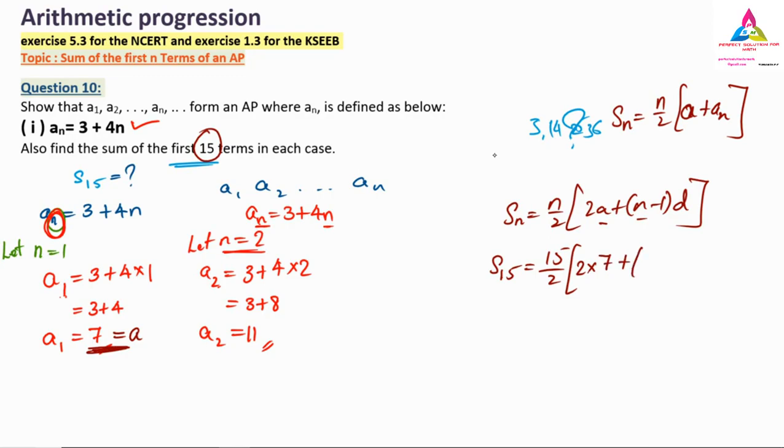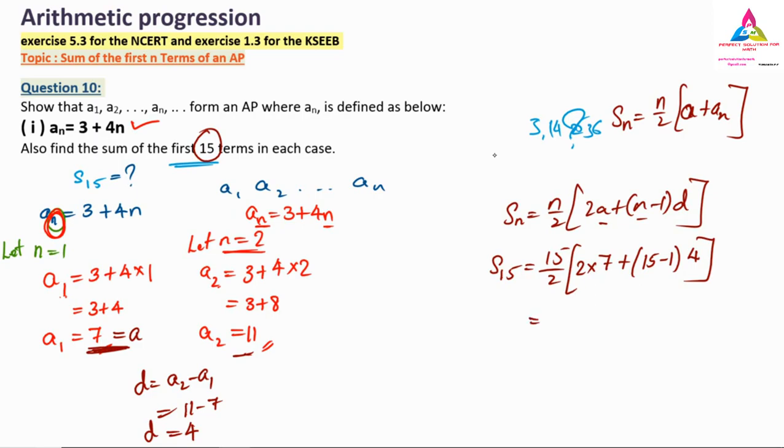Plus n minus 1, that is 15 minus 1, into the d value. What is the d value? D is a2 minus a1. So a2 is 11, 11 minus 7 is 4. So the d value we found is 4, and we will substitute it here.